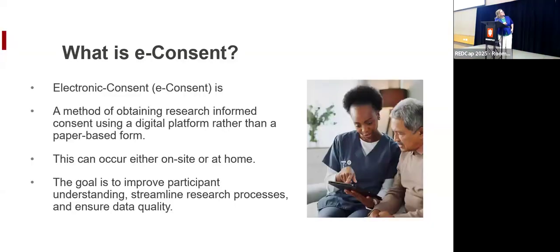What is e-consent? It's basically just an electronic consent. It's a method for obtaining research consent through a digital platform. So you usually have a paper consent and you have people sign. Paul was talking about when it was great during COVID, because we did a vaccine study here, in case you didn't know.